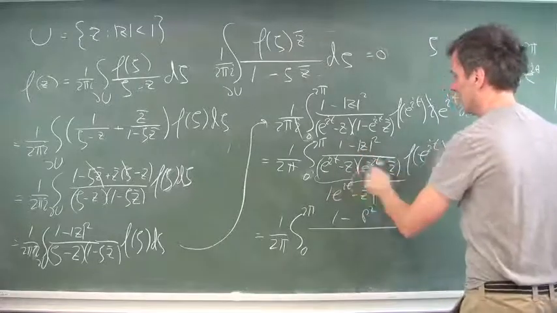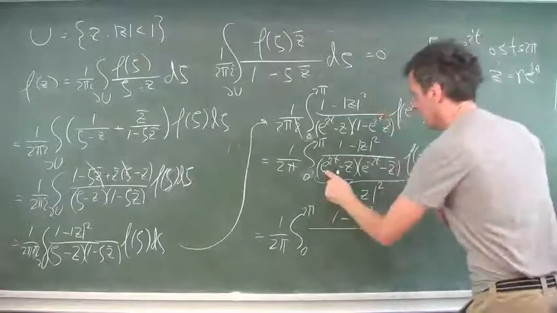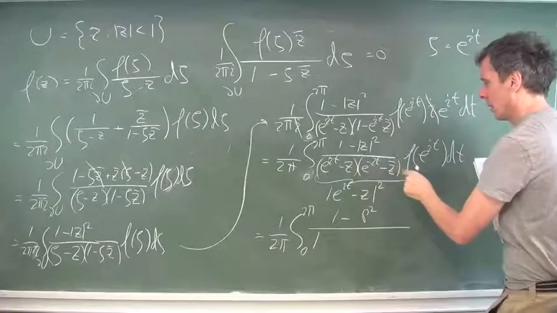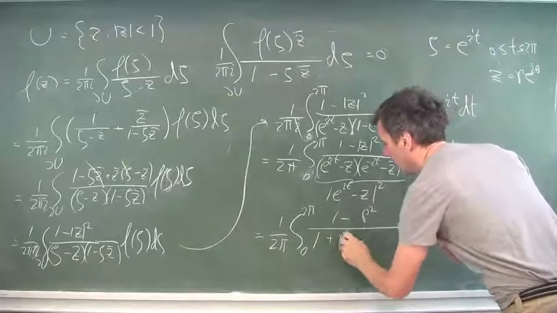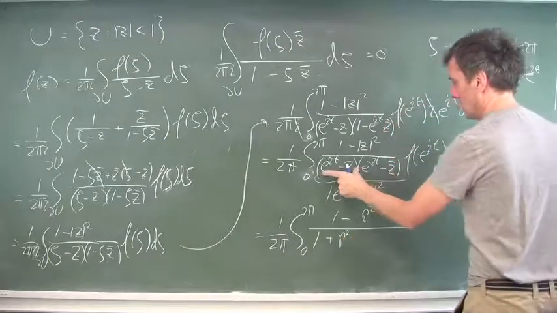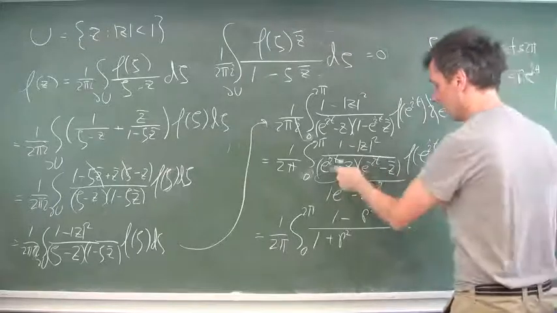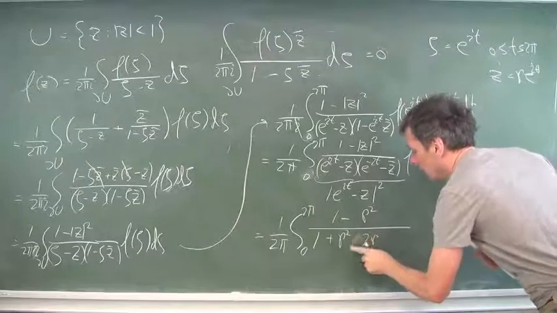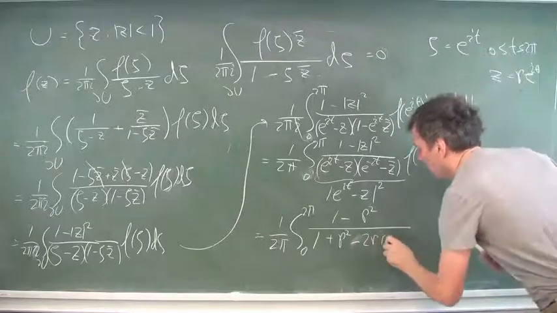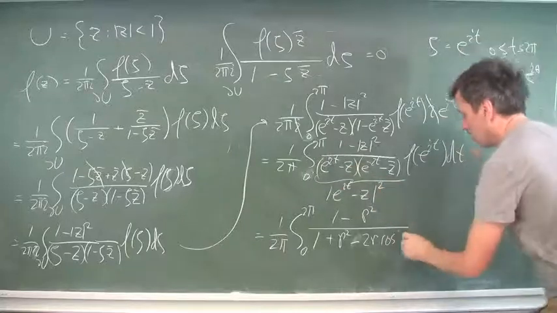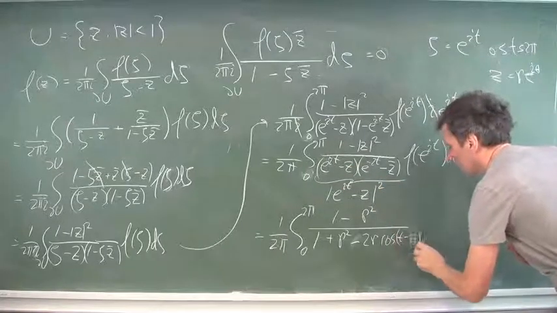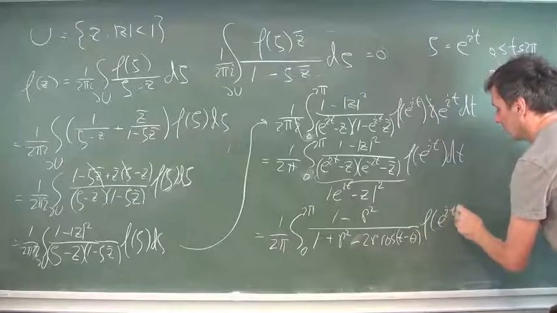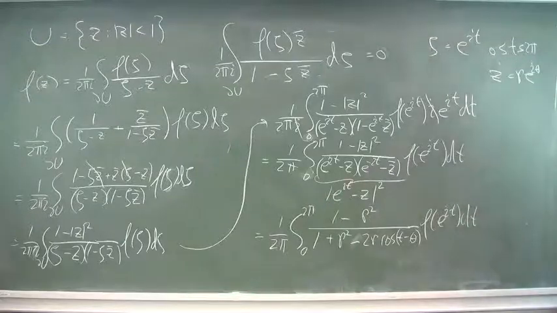And if you just compute this product down here, you see that this times this will be 1. This times this will give you r squared. And the cross terms now will actually turn out to be real. And what you get is just minus 2r times the cosine of t minus theta. And then you have this function f on the boundary.